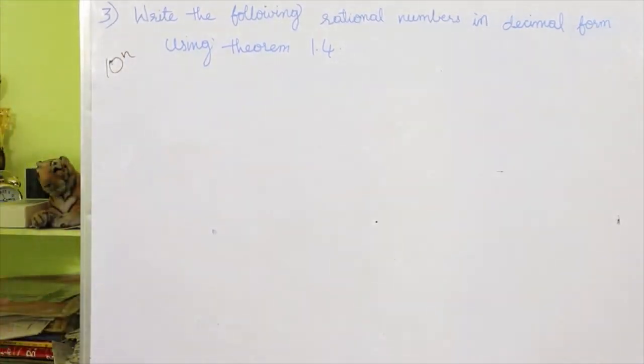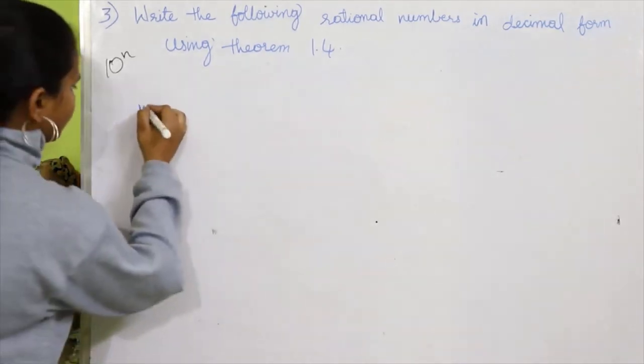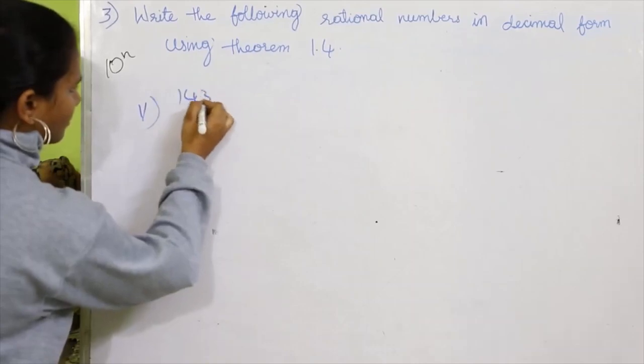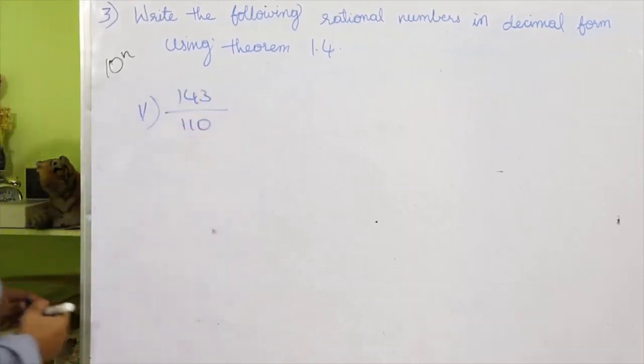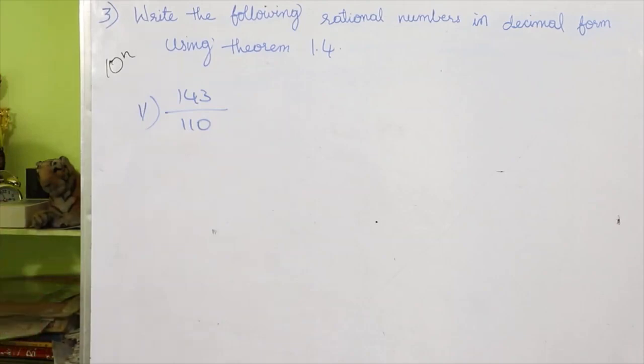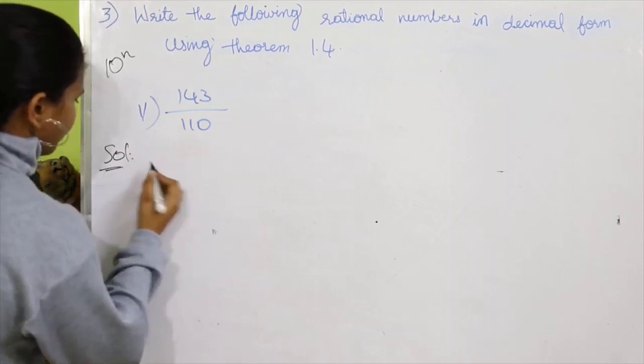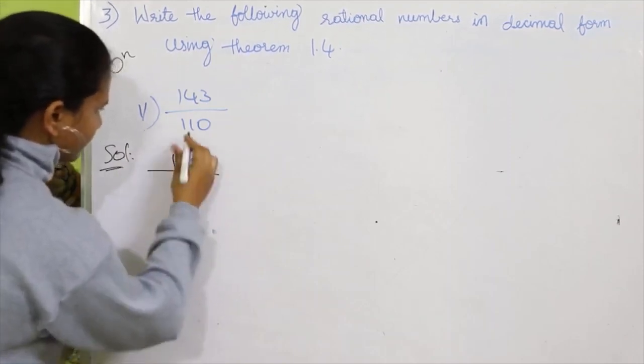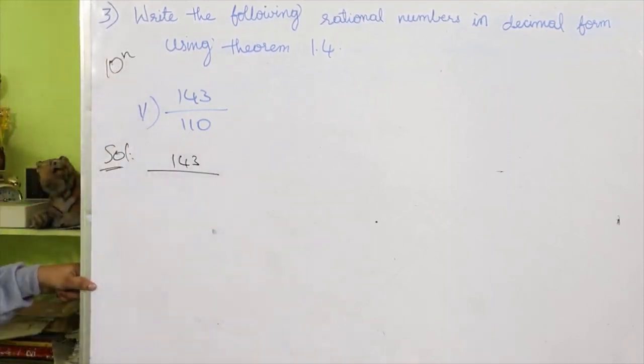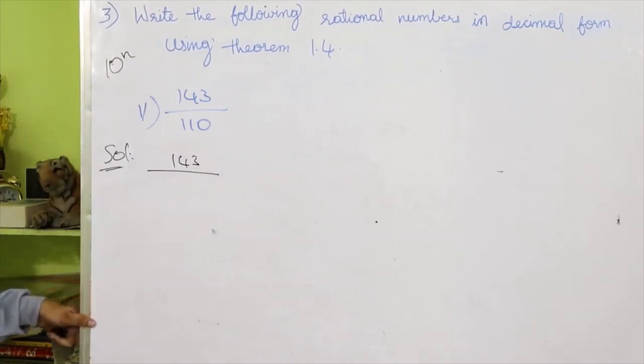So guys, 143 by 110. Solution. 110 can be written as 11 into 10, because 11 tens are 110, right?